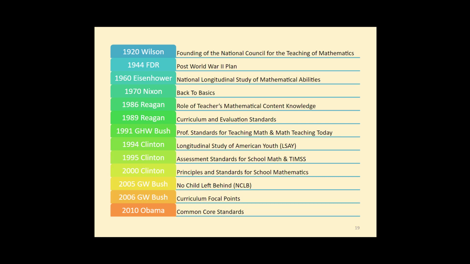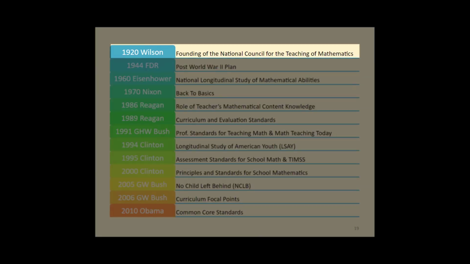There's been a huge swing of the pendulum from traditional approaches to constructivist approaches, and all the while looking at how teachers are affected by the swing of the pendulum and how we've been able to adapt teacher credentialing or teacher professional development. Let's go back 100 years.